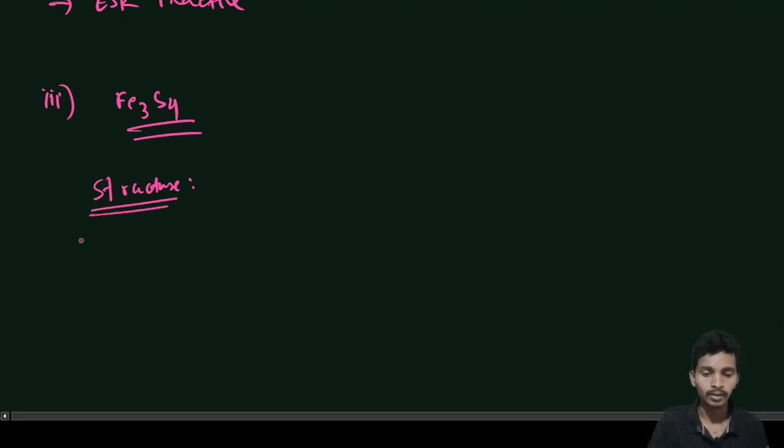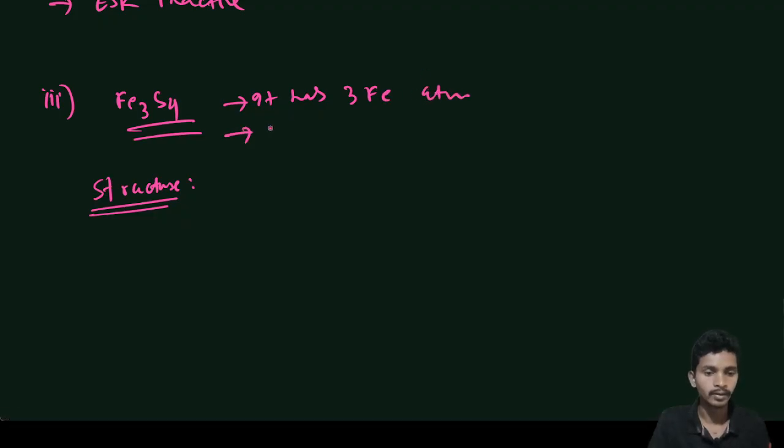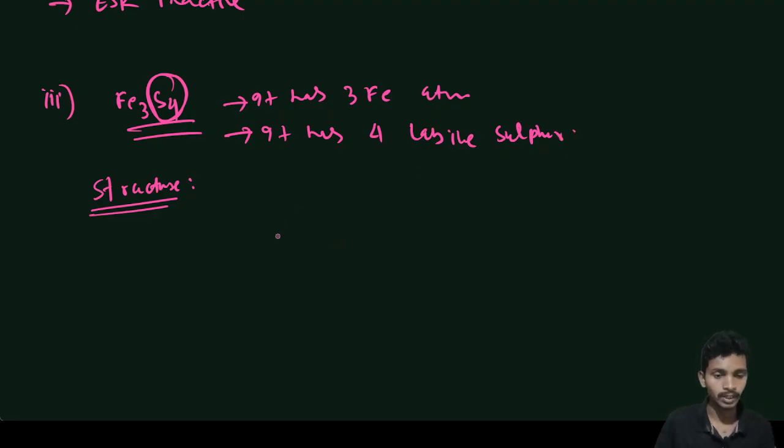So here, from here what you understand is that it has 3 Fe atoms and it has 4 labile sulfurs. Whenever you see this, it always represents the labile sulfurs. Okay, 4 labile sulfurs. So its structure looks somewhat like this.